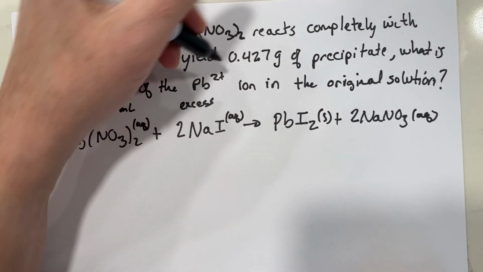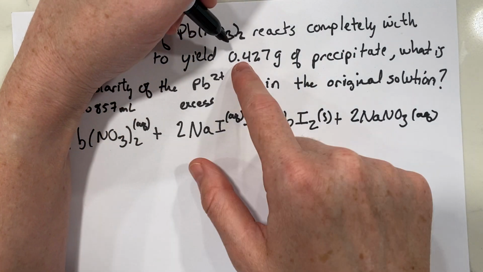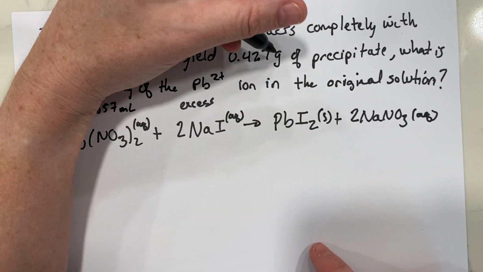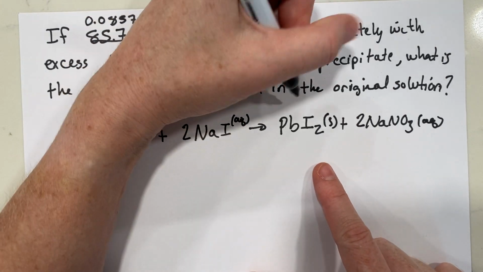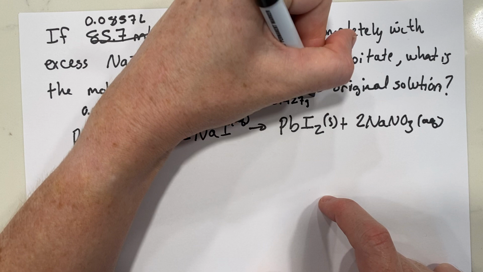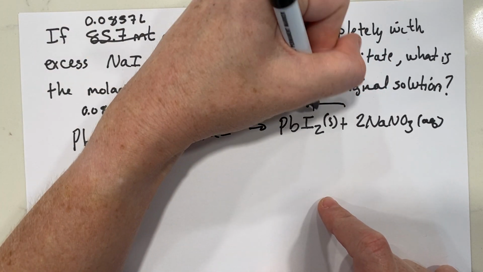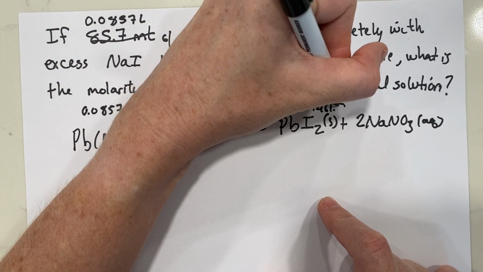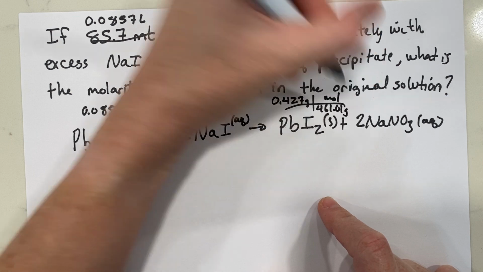So we've got 0.427 grams of this. Now if you look up or calculate the molar mass of lead-2 iodide, you'll find that it has a molar mass of about 461.01 grams per mole.